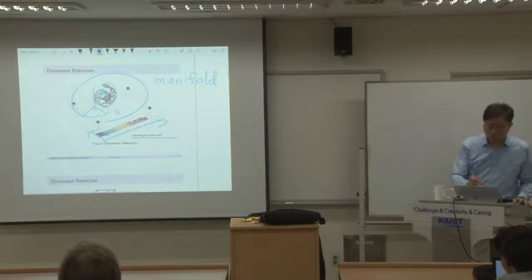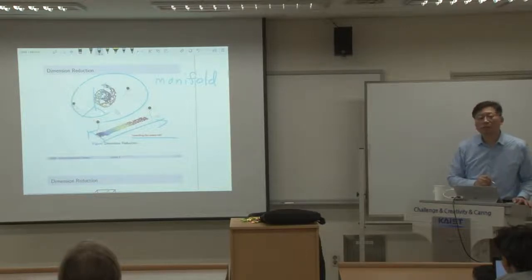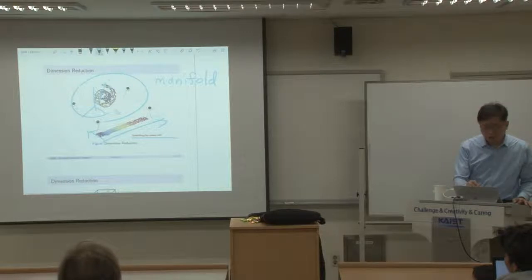Okay? But data that lies here and right next to it is probably closer. Okay? And we call this distance, by the way, geodesic distance. Geodesic distance. I don't know if I'm writing this.